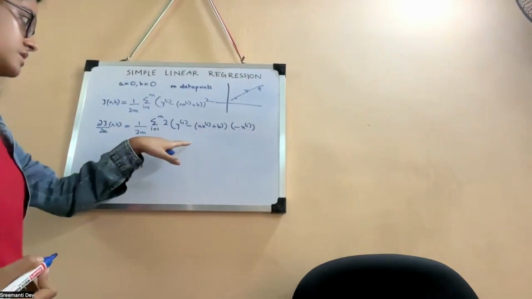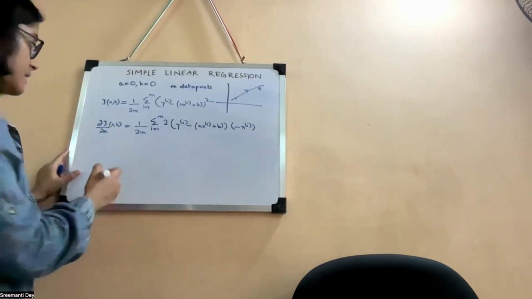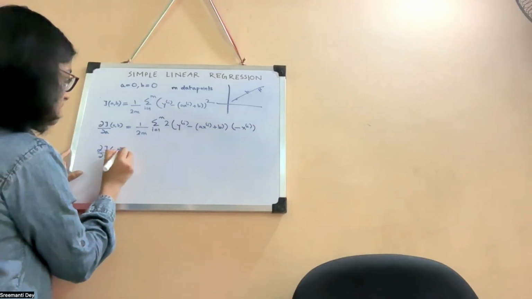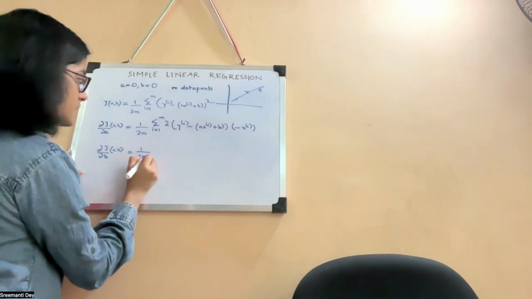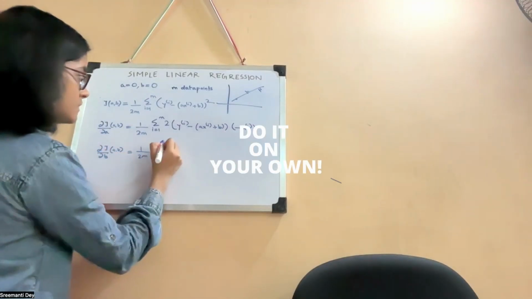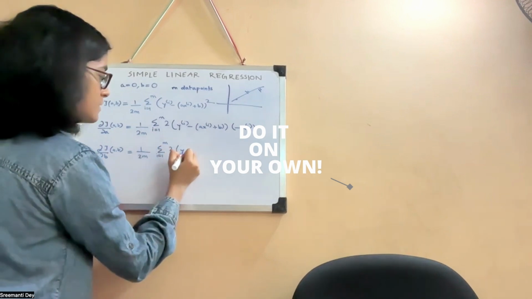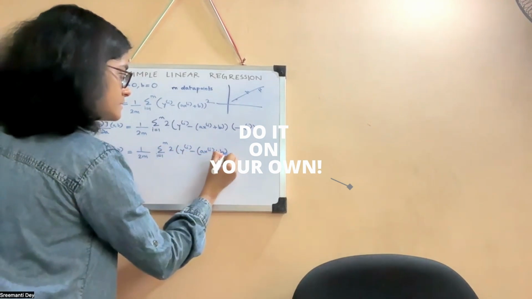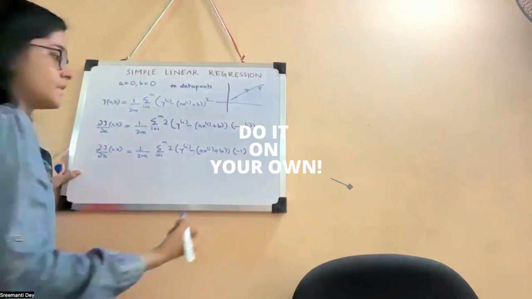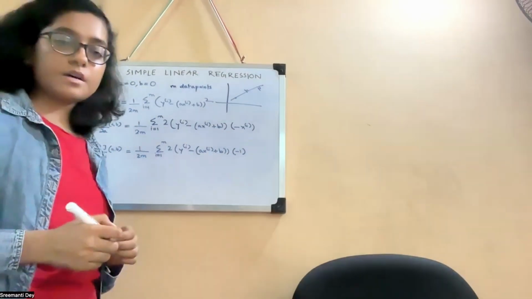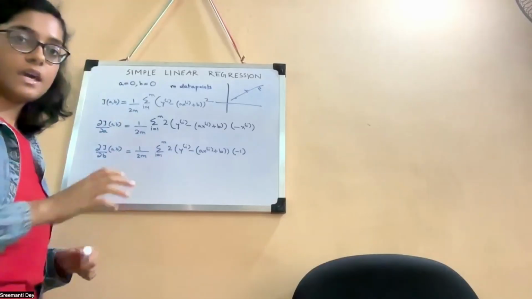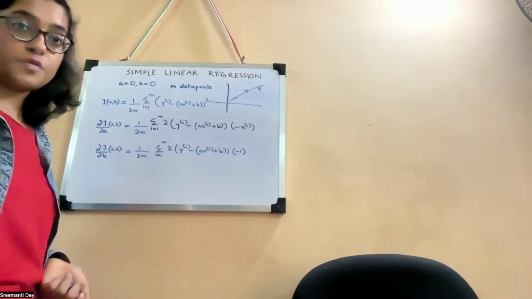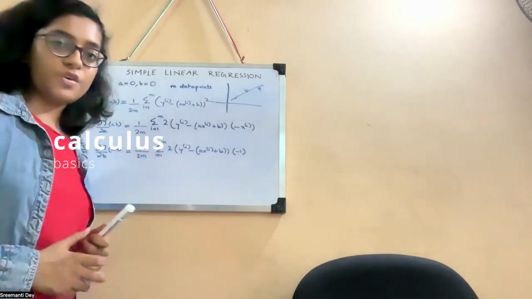This is dJ with respect to dA, and dJ with respect to dB would be... Yes. So now we have dJ with respect to dA and dJ with respect to dB. Match your answer and see if you have done it correctly, if you remember your calculus basics or not.